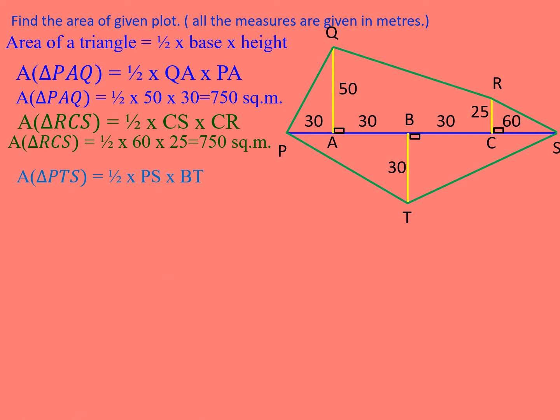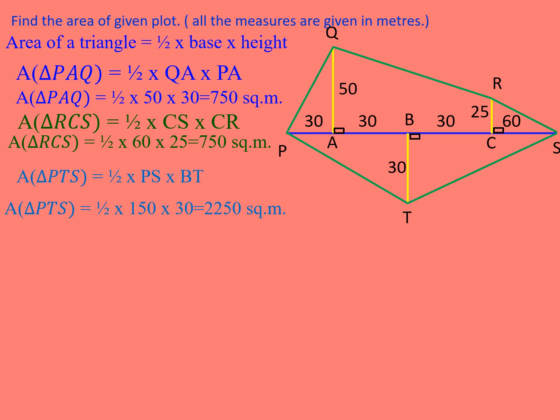Next one is area of triangle PTS. You can take two different triangles if you want, or you can take the full triangle because they have a collinear base. So half into PS, the full base, multiplied by BT. To obtain the full base we have to add all that is given to us: PA plus PB plus BC plus CS equals PS.